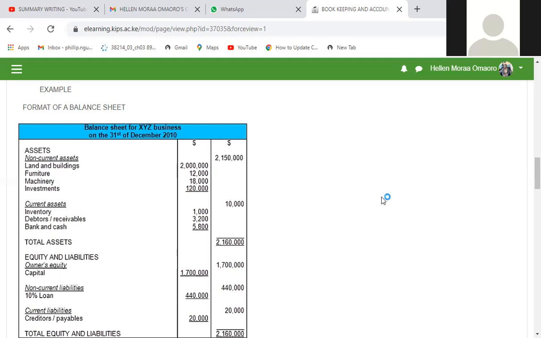If you are using the first format, as I've said, we call them total net assets, which is the total assets, must be equal to total equity plus liabilities. For you to get the total equity, I said, it is the capital which you have contributed, then you add the net profit from the income statement, you less the drawings for you to get the total equity.